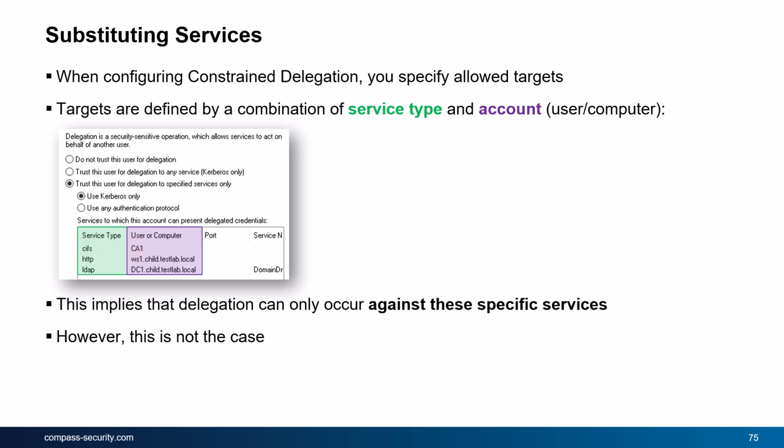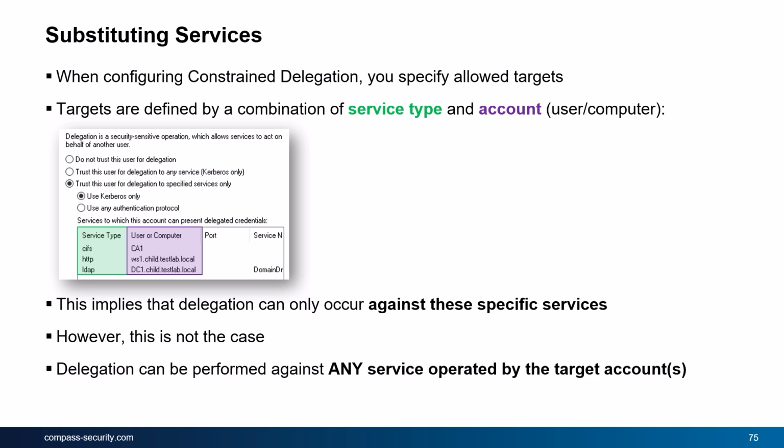The delegation can effectively be performed against any service operated by the target account. So if we specify as a delegation target CIFS on CA1, what is actually configured in the backend, or what is allowed technically, is that any service operated on CA1 can be a target of a delegation.